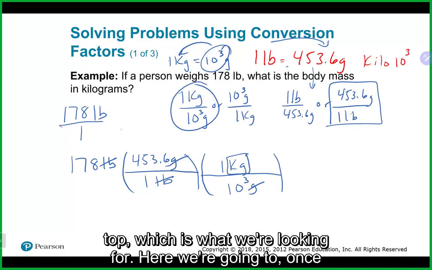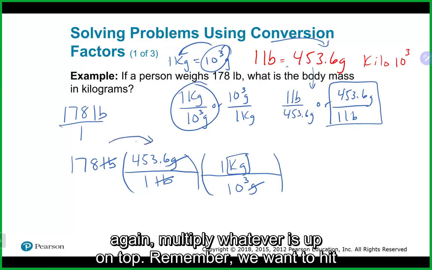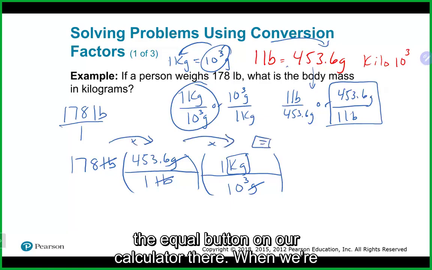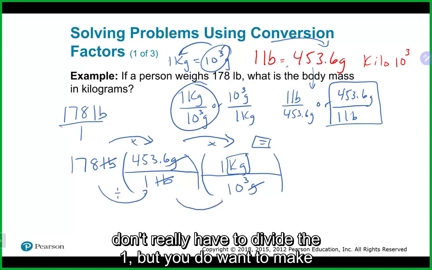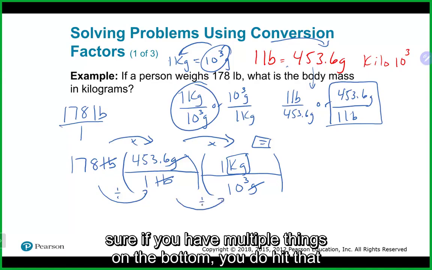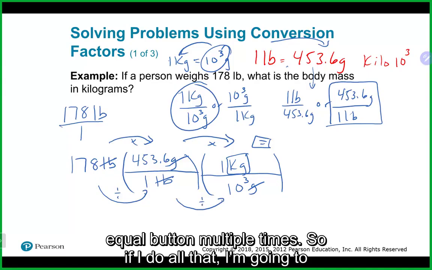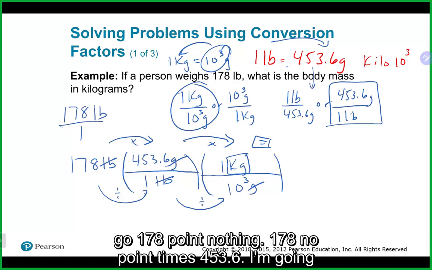Here we're going to once again multiply whatever is up on top. Remember, we want to hit the equal button on our calculator there when we're done. We then will come back and divide what's on the bottom. You don't really have to divide the 1, but you do want to make sure if you have multiple things on the bottom, you do hit that equal button multiple times. So if I do all that, I'm going to go 178 point nothing, 178 no point, times 453.6.